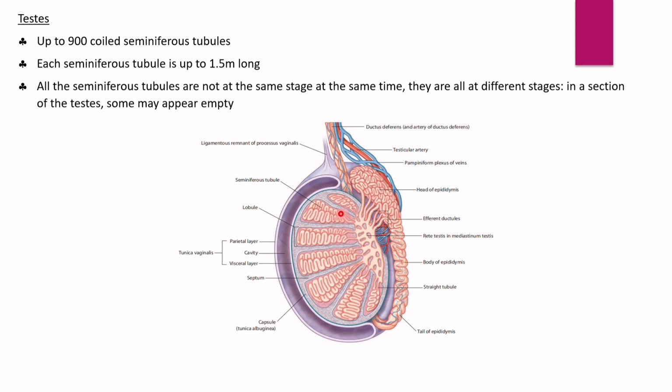The sperms are produced via a process called spermatogenesis, where the male sex gamete divides via mitosis first, then meiosis to form spermatids. Then the spermatids form spermatozoa. We'll talk about that later.